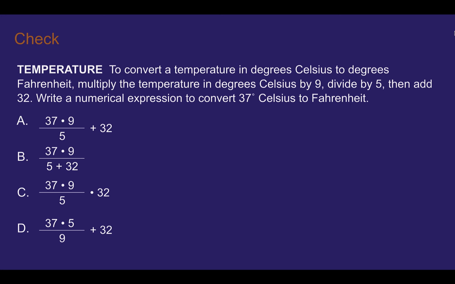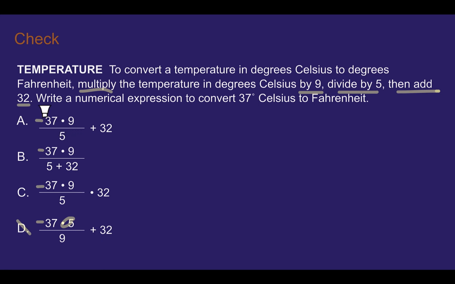Check your answer. So to convert from Celsius to Fahrenheit, first we're going to multiply by 9, then divide by 5, then add 32. So let's figure out which of these shows that. Multiply by 9 first, so take your temperature multiplied by 9. All of these on the top say multiply by 9, except that last one, that's multiply by 5. Then we want to divide by 5.